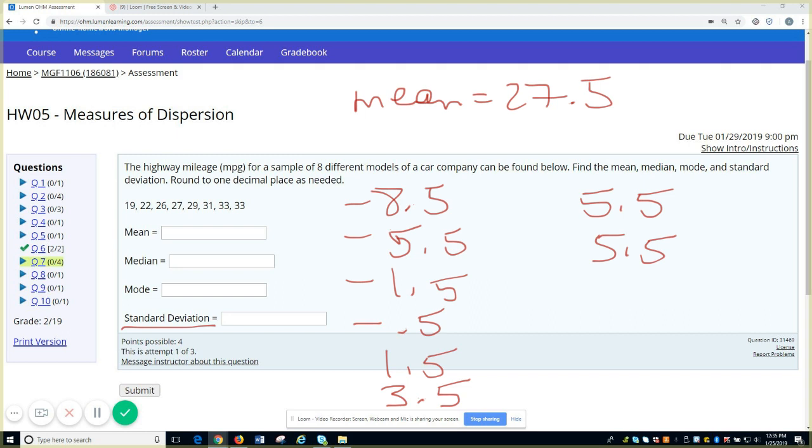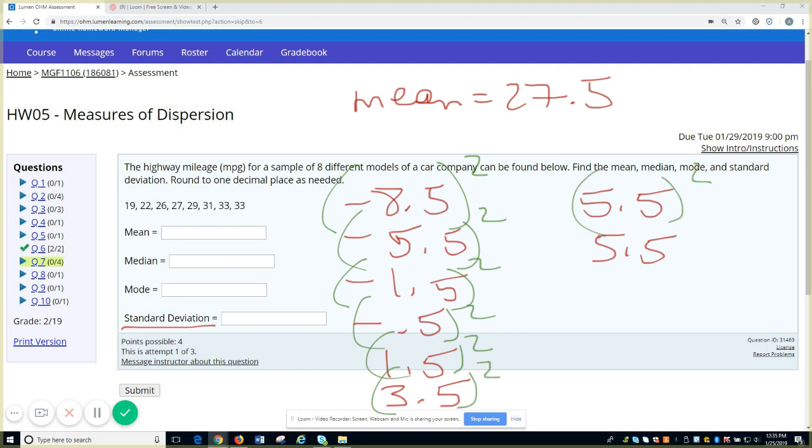The third step is to take these deviations and square them. This is why it is nice to use a calculator function, but we're going to do this by hand just to show that we can. Remember, a negative times a negative always gives you a positive.